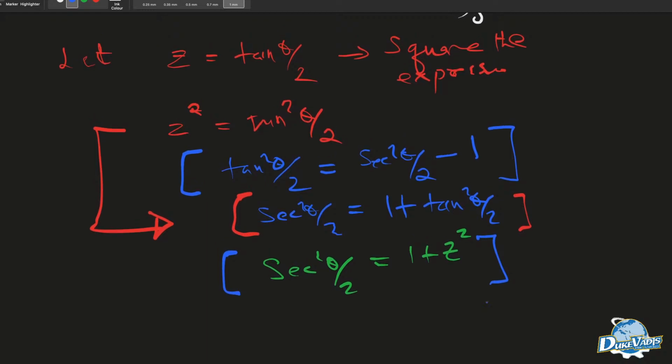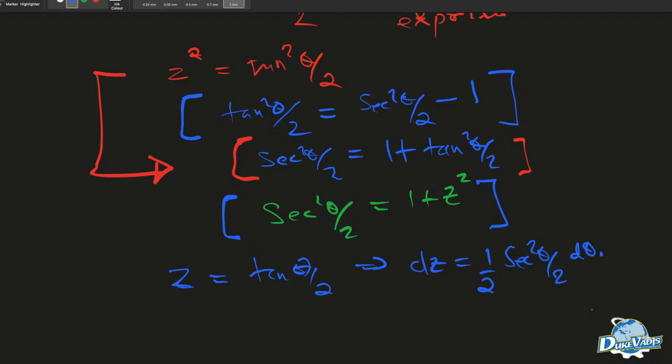Now, when we differentiate z, which is equal to tan theta over 2, we are going to get dz to be equal to half sec squared theta over 2 d theta. And when we make d theta the subject, everything will be in terms of dz.